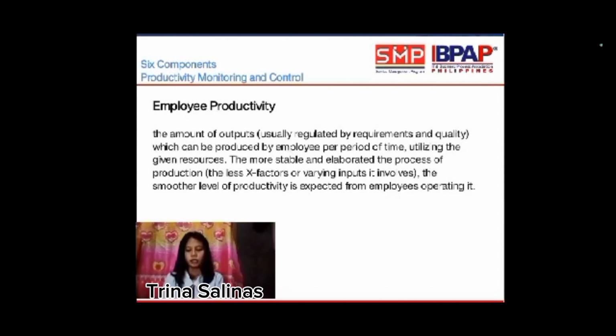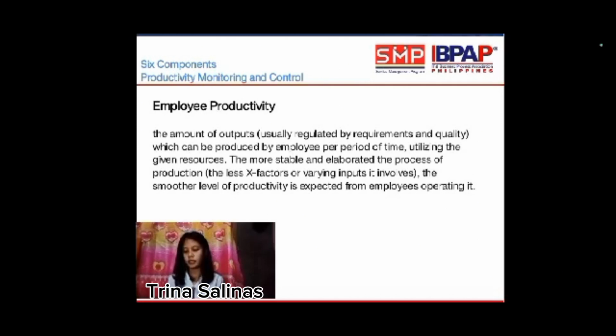So, this text is talking about how much work an employee can do in a certain period of time. This amount of work is usually decided by rules and expectations for the quality of the work.